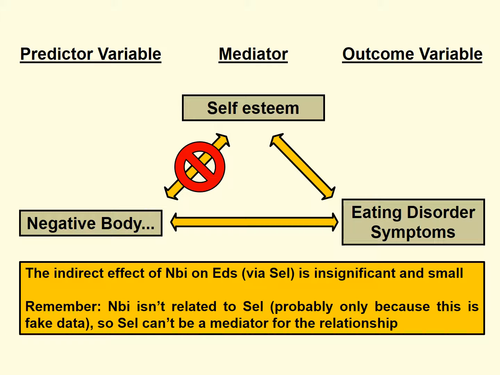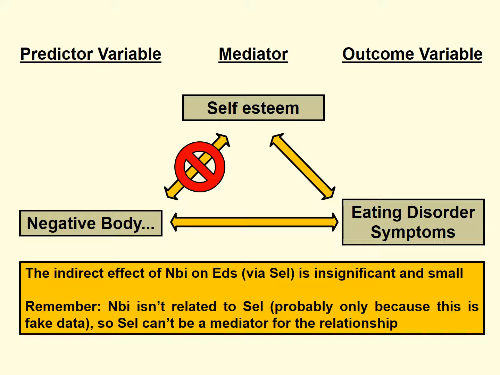And so in a sense, what we found with this analysis, again, it's a contrived example with fake data that I just made up on my computer, is that the indirect effect of negative body image on eating disorder symptoms via self-esteem is insignificant and is rather small.